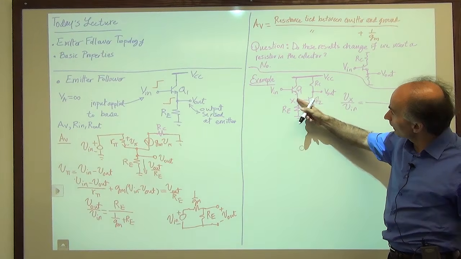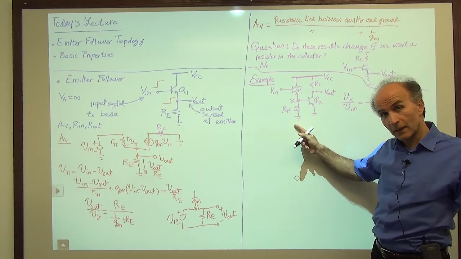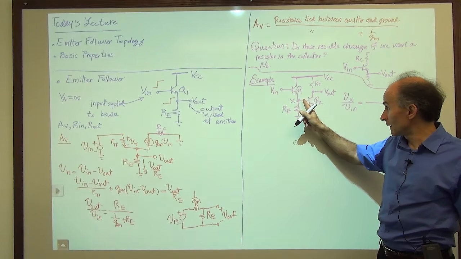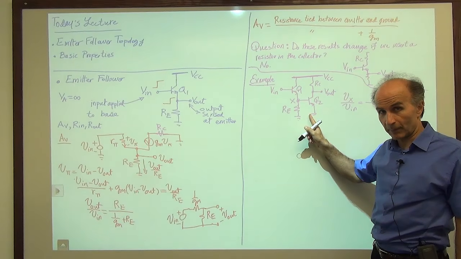So here, from here to ground, I have RE. Do I have anything else? Yes, we also have the resistance that we see between the base and emitter of Q2, and that's r pi, if you remember.